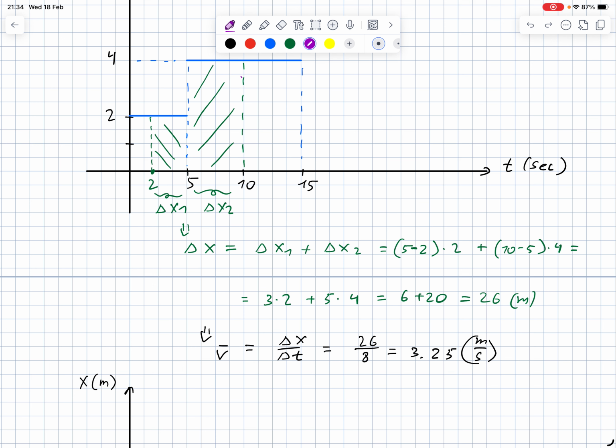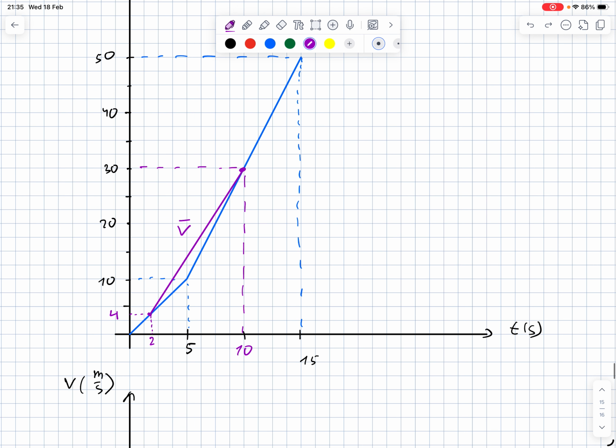Sometimes we can be asked: you found the average velocity, please show how this average velocity could look in the graph of x of t, and also in the graph of v of t. Now what you have to do is you need two coordinates, initial and final.